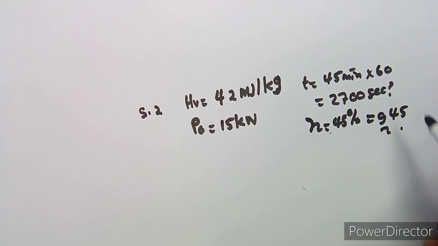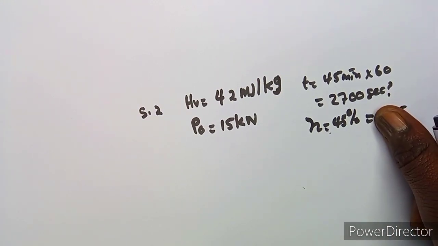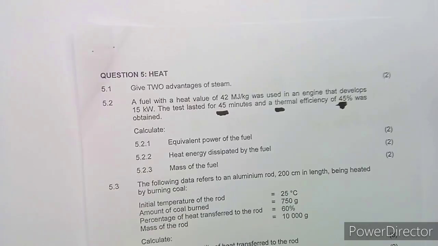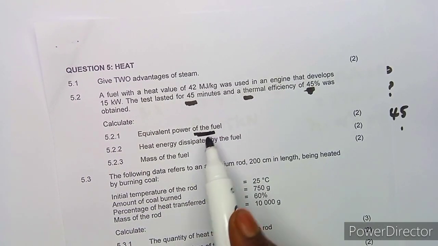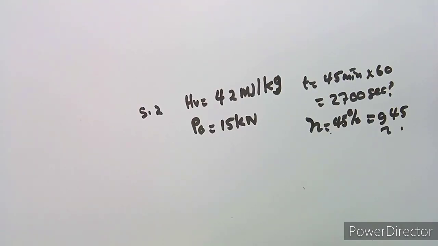So if you use it as a decimal, then you don't use 100% in your calculation. If you use it as a percentage, then you have to use 100% in your calculations. All right, so here they're asking us to calculate the equivalent power of the fuel. What was the equivalent? That is the input power of the fuel.